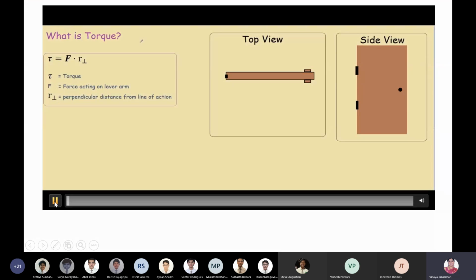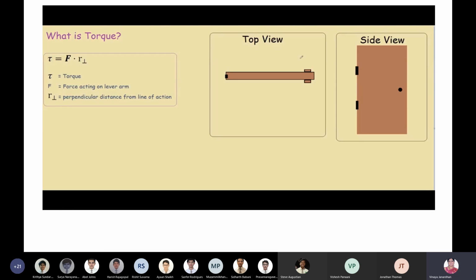Hey guys, the aim of this video is to explain what torque is. So let's go through an example on the definition of torque. Let's say we have a door over here. We treat this point, the hinge, as the pivot. This is the top view, and we can think of the door as a lever arm, and we have a force when we try and open the door.